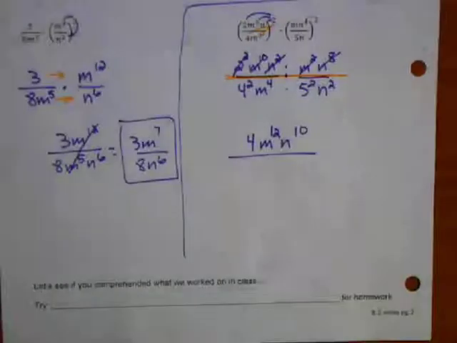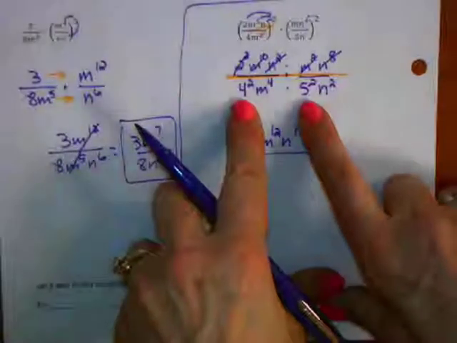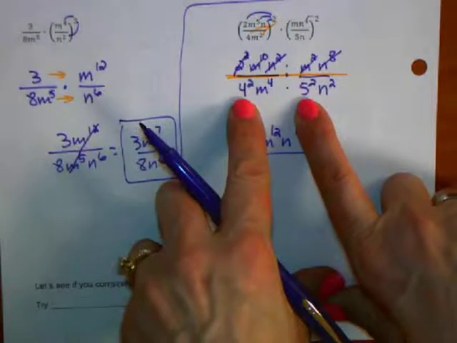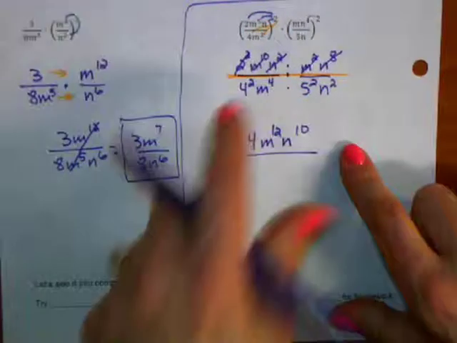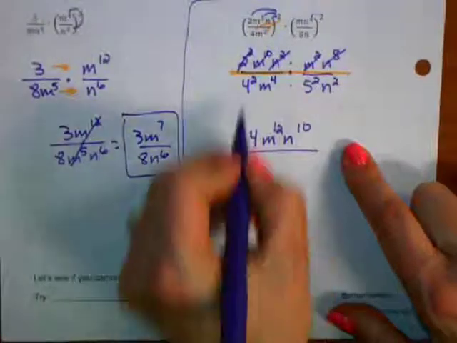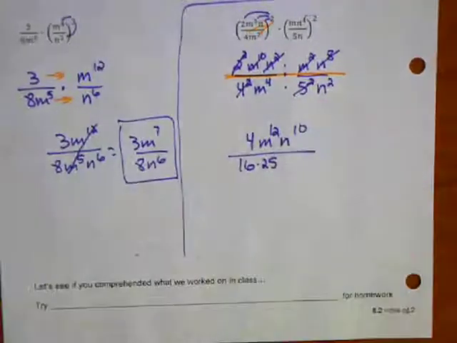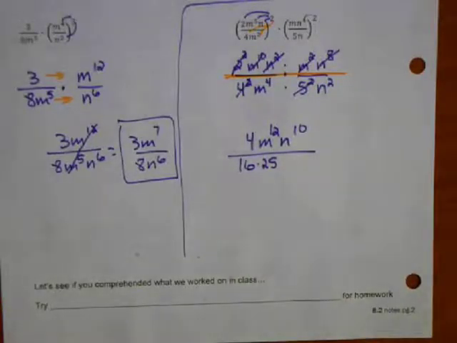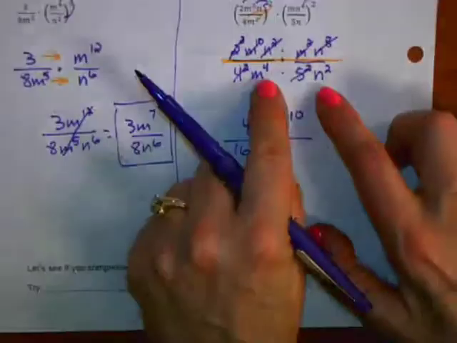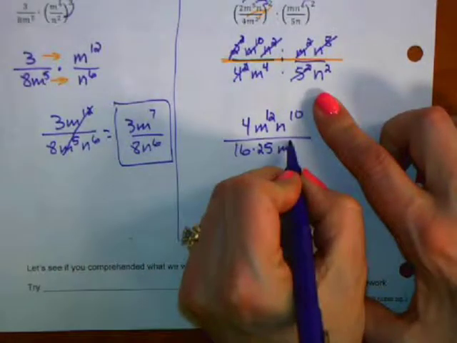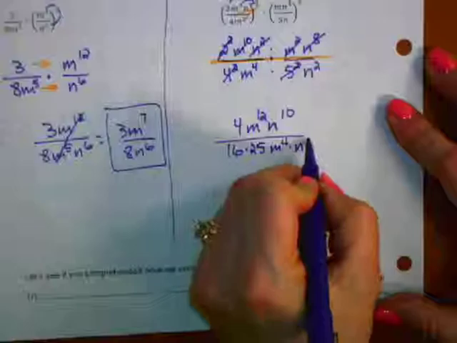Now I'm going to just stop and look at my denominator real quick. These are both numbers, aren't they? And I can do that in my head. So I'm just going to do 4 squared is 16 times 25. Could you multiply it out right away? Sure. But let's see what happens when we do this. And then on there I have m to the 4th times n squared.